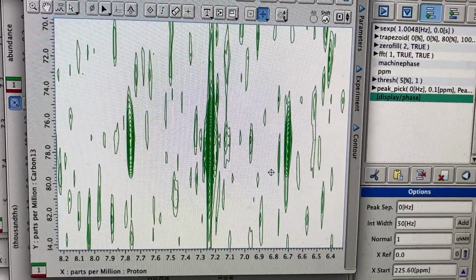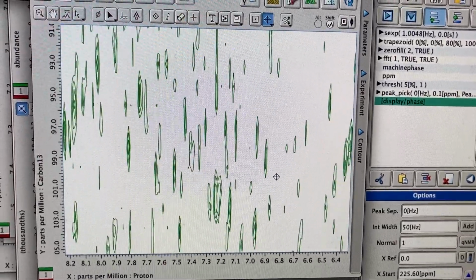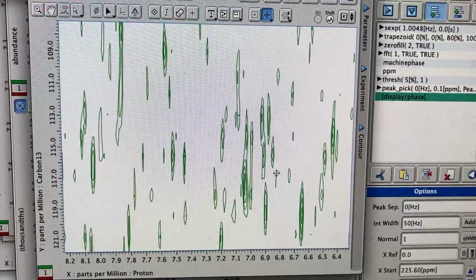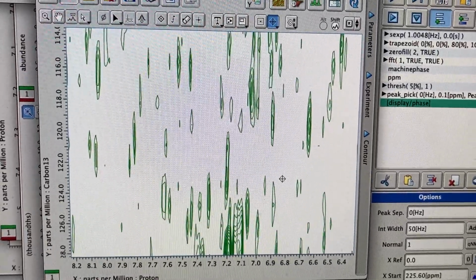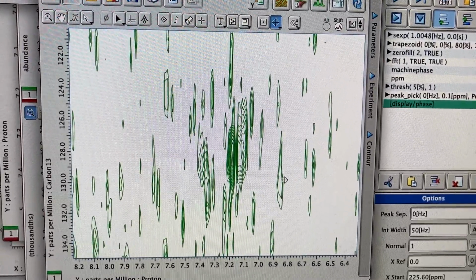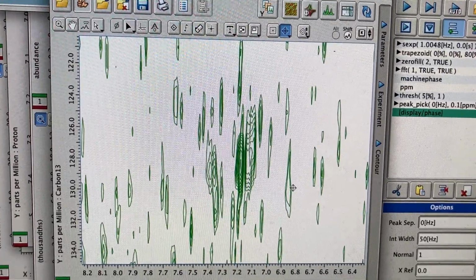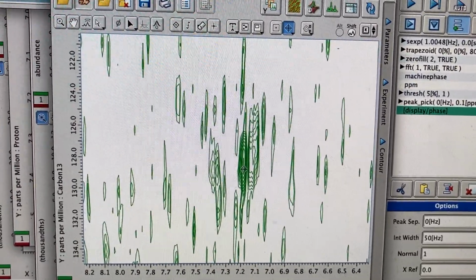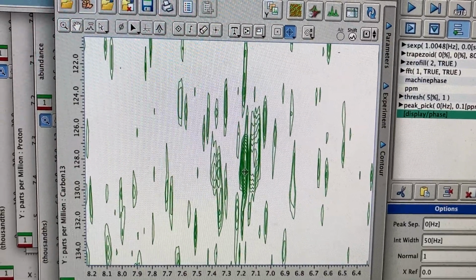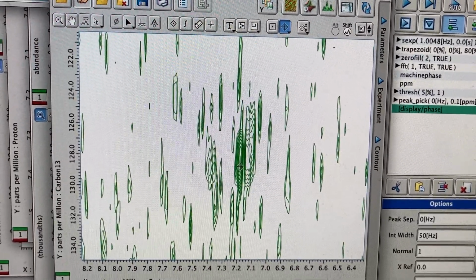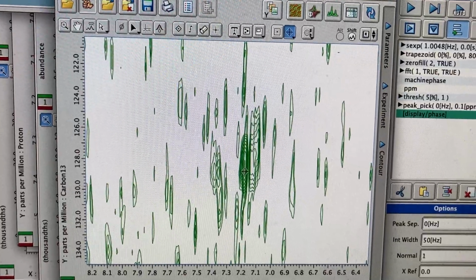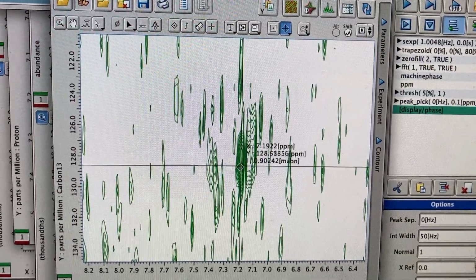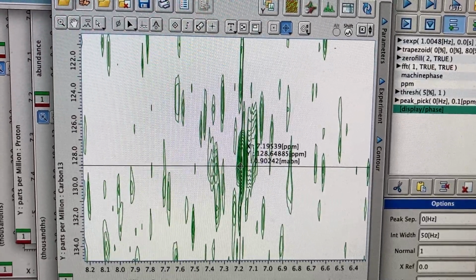Maybe I will give you a better example. Let's see. If we go around, maybe, according to what I have assigned, there was one around 128 on the carbon. Let's see if we can find it. So this is around the 128 range.